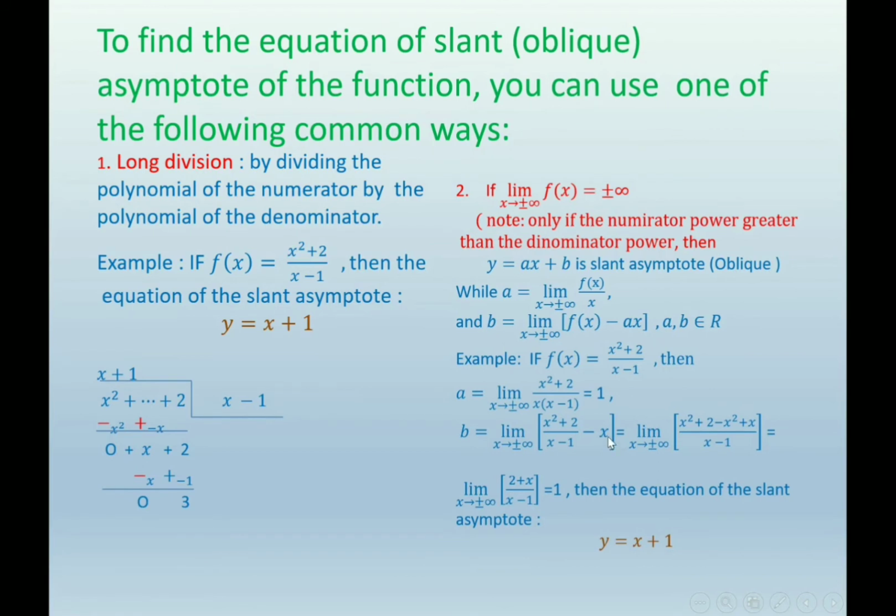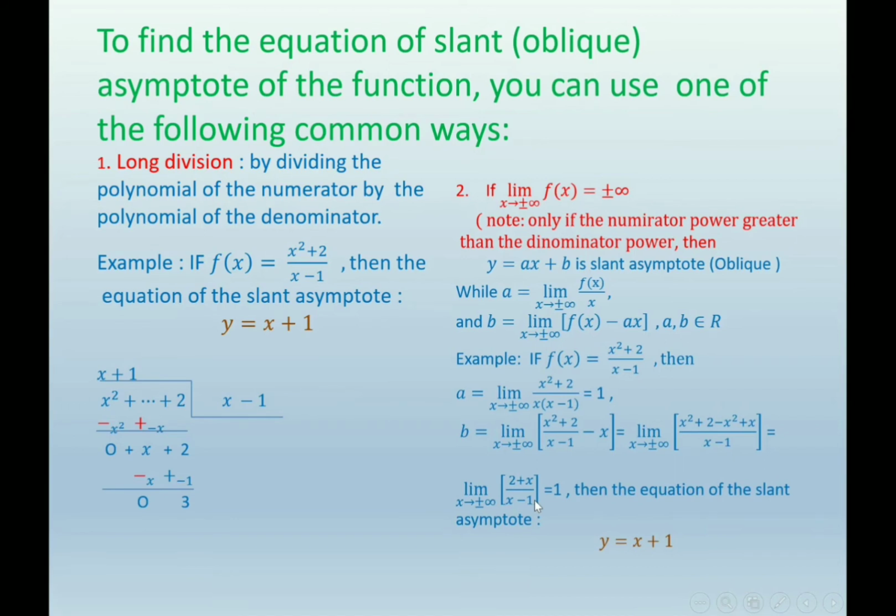Now you can equalize the denominator by multiplying each across the denominator. x squared plus 2 minus x times x will give you x squared, minus 1 times minus x will give you plus x. You can cancel x squared with minus x squared to get 2 plus x over x minus 1.